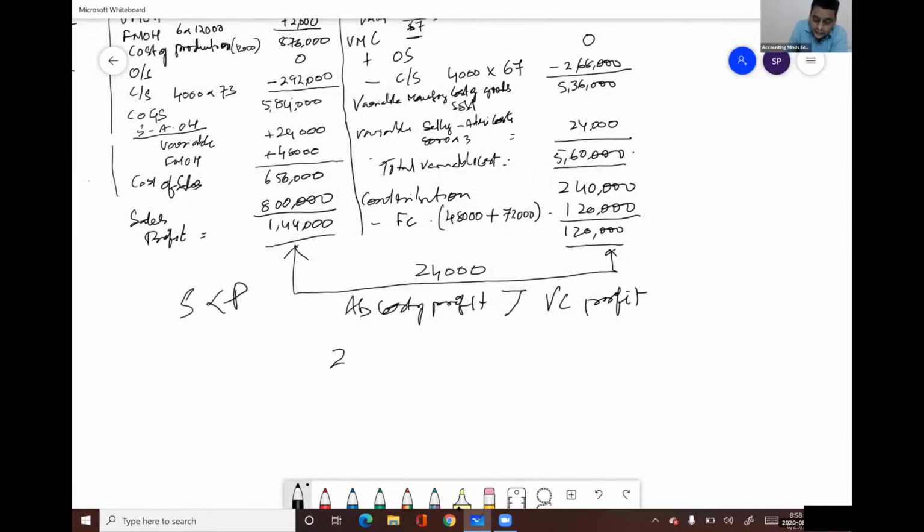That 24,000 is nothing but absorption costing closing stock minus variable costing closing stock. What is the absorption costing closing stock? What is the variable costing closing stock? How much is that?